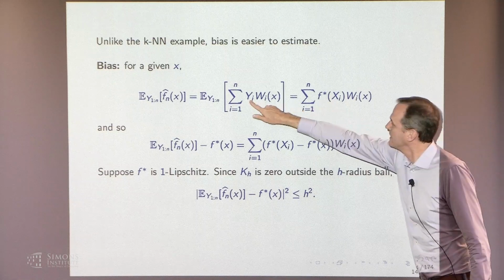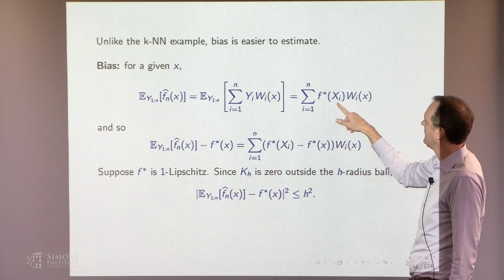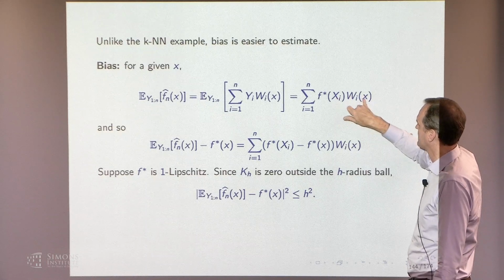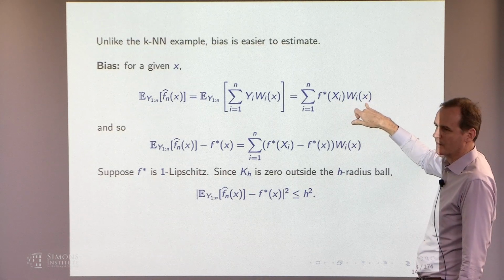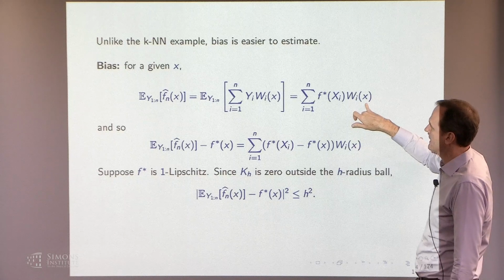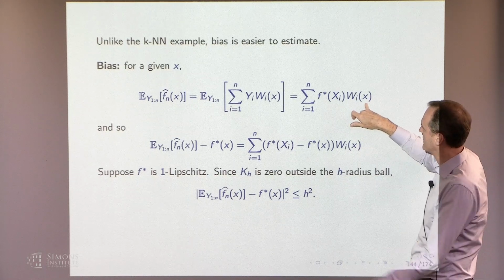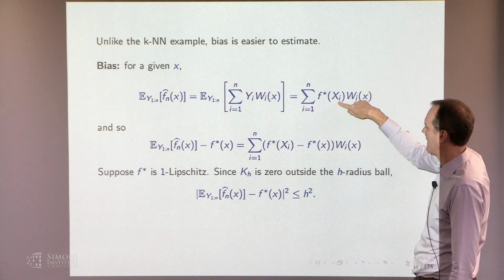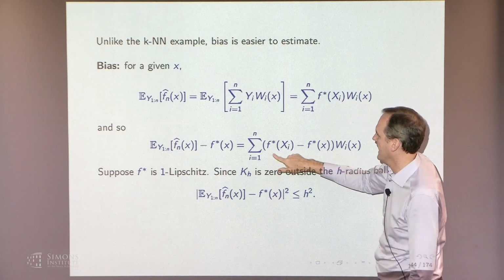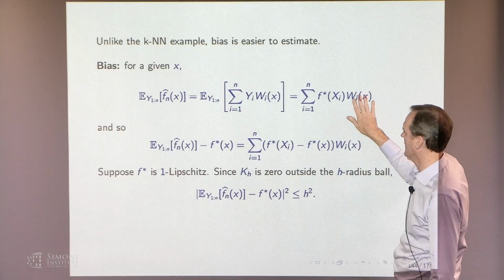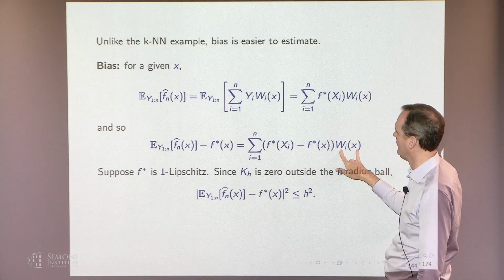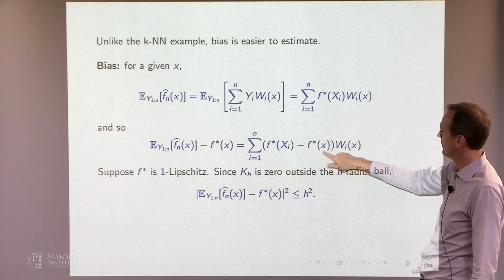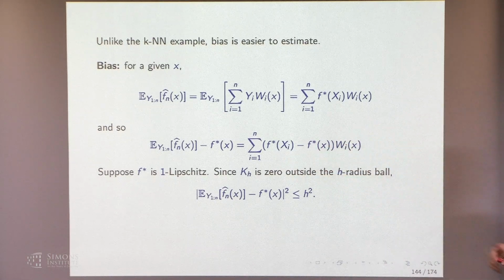Well, that's just f star at the xi times the weight that we associate with that xi for the test point x. And so if we subtract f star, this is a convex combination of the f star xi's. And so we could think of it as a convex combination of the differences between f star at xi and f star at x, what we should have predicted, or the ideal prediction.